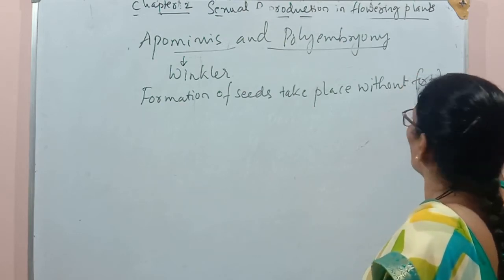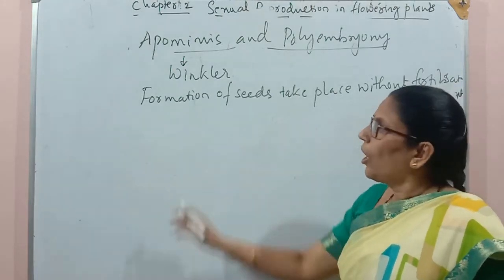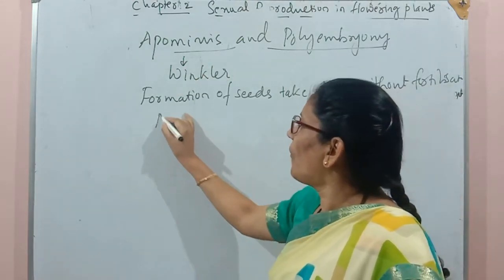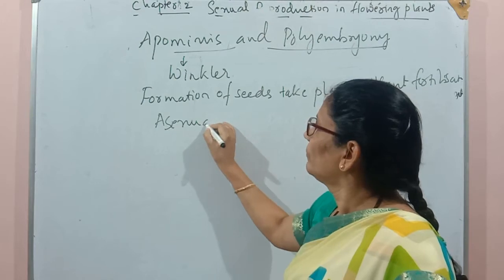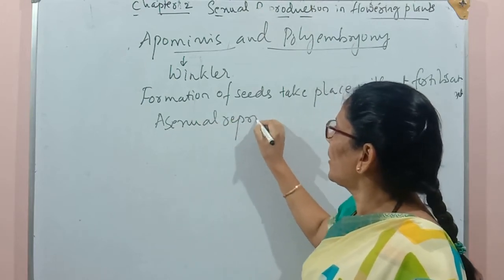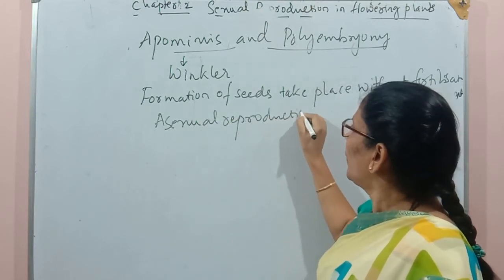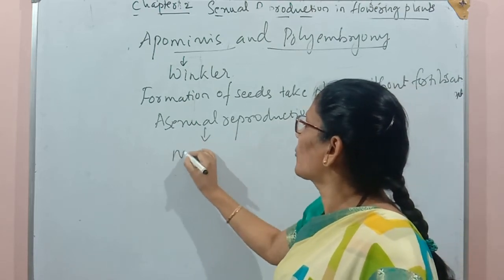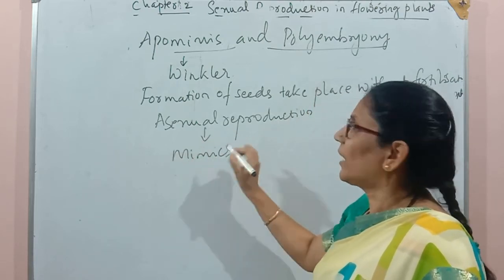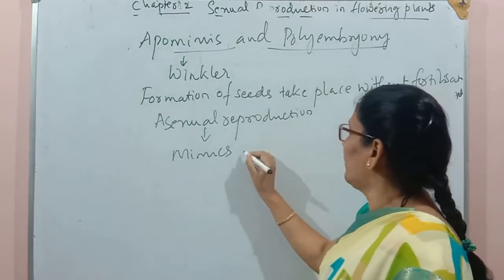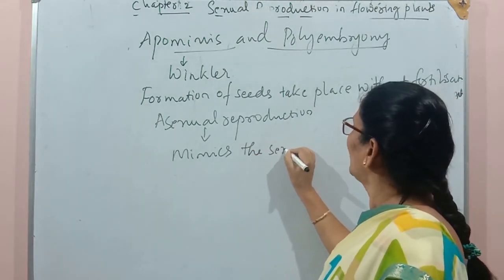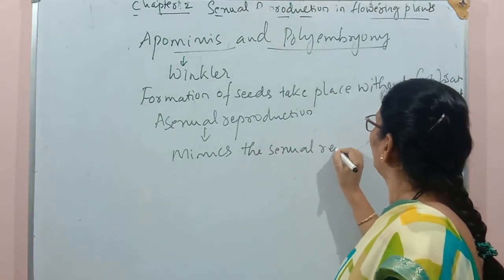Without fertilization means apomixis is a type of asexual reproduction. It is a type of asexual reproduction which mimics sexual reproduction, acting like sexual reproduction.